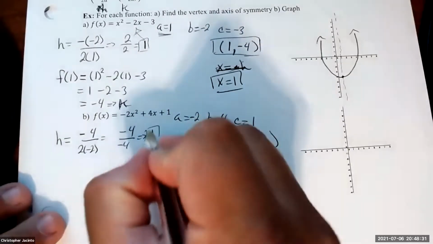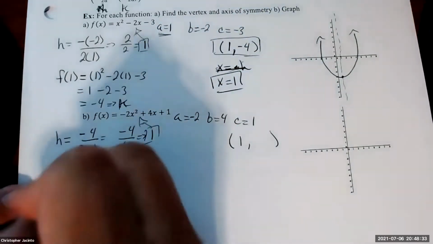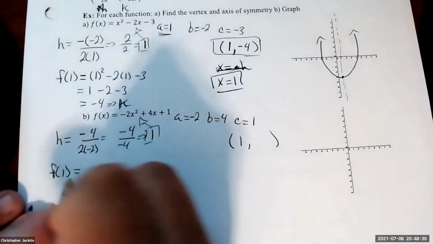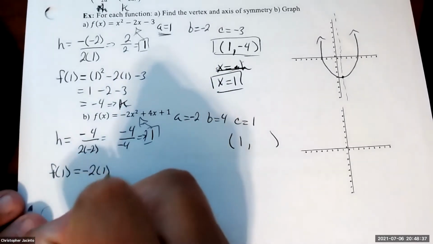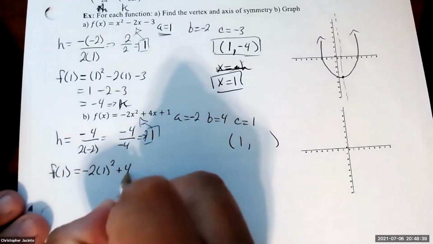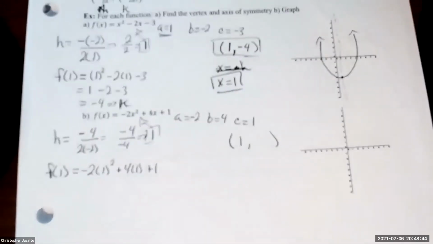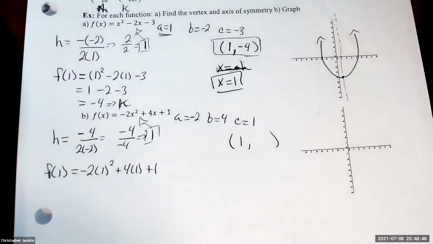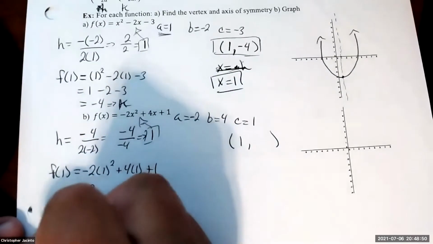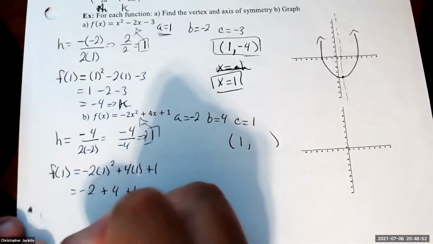And now we plug in 1 again, back into our function. So we get -2 plus 4 plus 1.